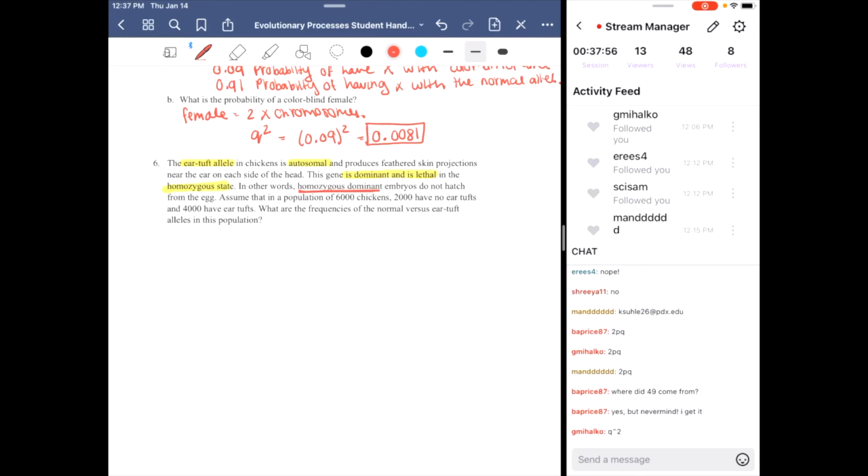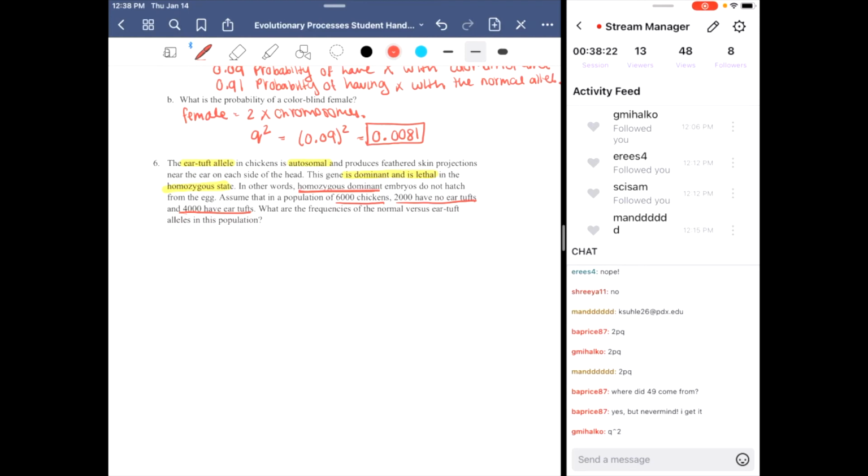So then we're assuming there's a population of 6,000 chickens, 2,000 have no ear tufts, and 4,000 do have ear tufts. And it's asking, what are the frequencies of the normal versus ear tuft allele in the population? We know this gene is lethal in the homozygous condition.